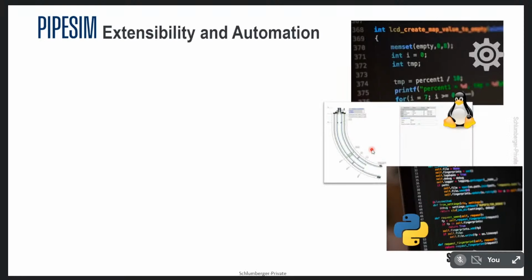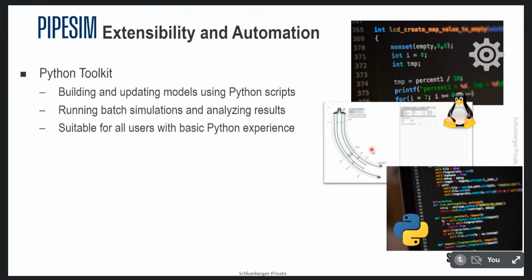Before we go to the final slide, let's talk about extensibility and automation. If you like programming, many of the young engineers now like programming, and especially they like Python. You can build and update models automatically using Python scripts, and you can run batch simulations and analyze the results. And the Python toolkit is suitable for all users with basic Python experience.